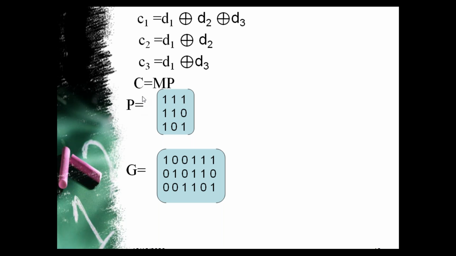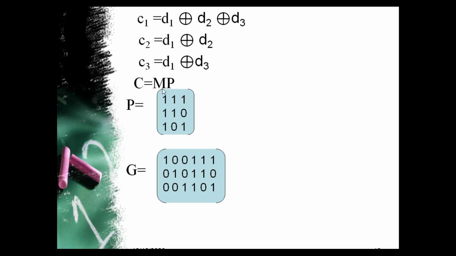That is multiplying D1 into 1 plus D2 into 1 plus D3 into 1, the expression for the first check bit. Then take the equation for the second check bit, C2, D1 plus D2. Therefore, the first and second elements of the second column are 1, and the third element is 0.